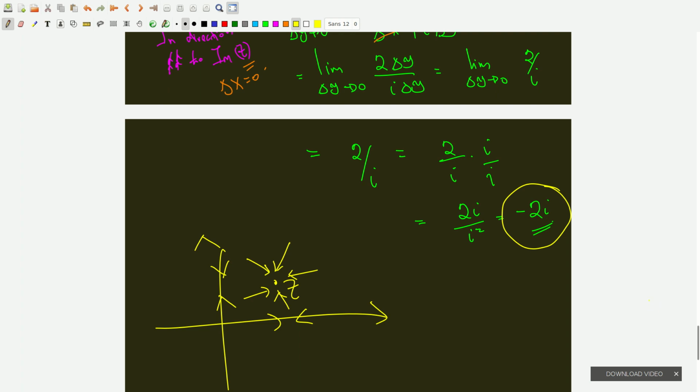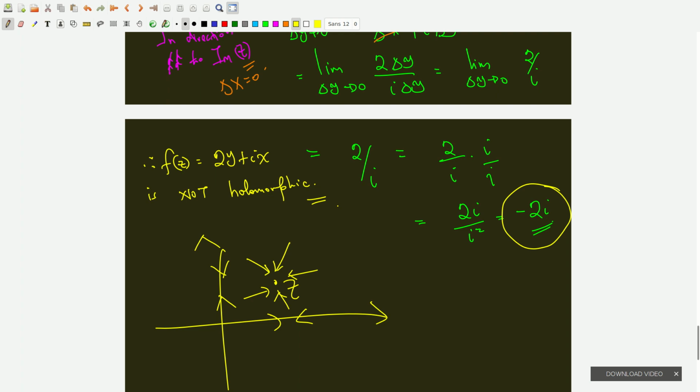So we conclude that our function f of z, which they gave to us as 2y plus ix, is not holomorphic.